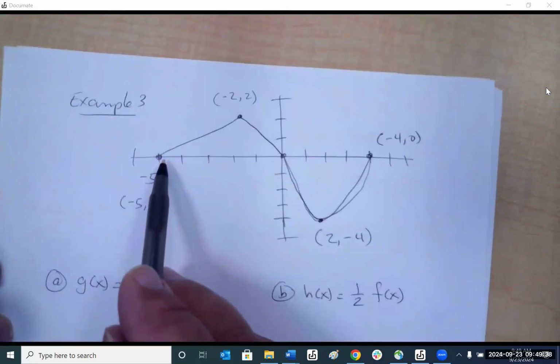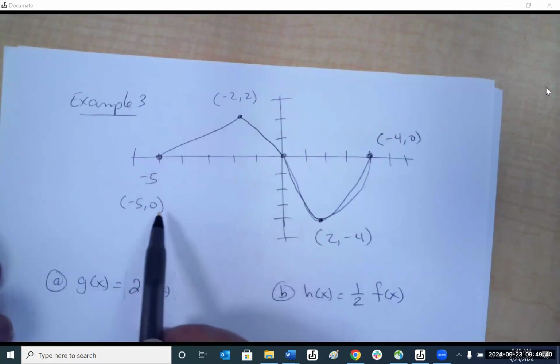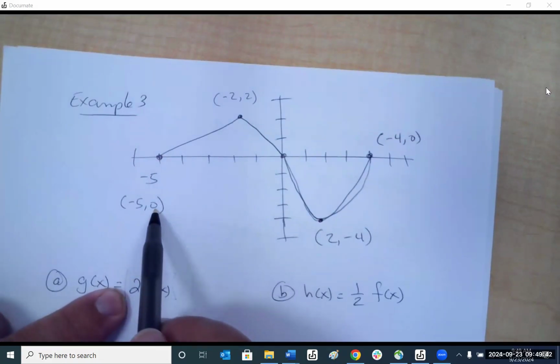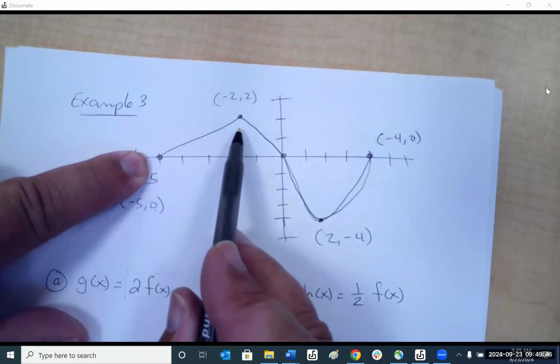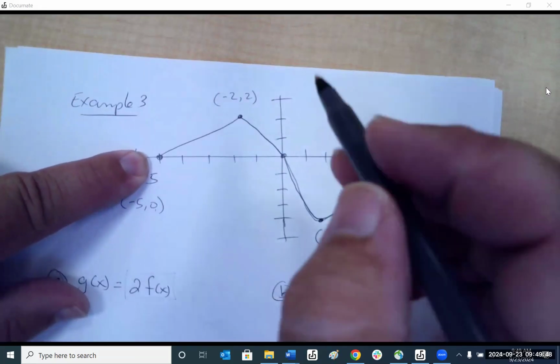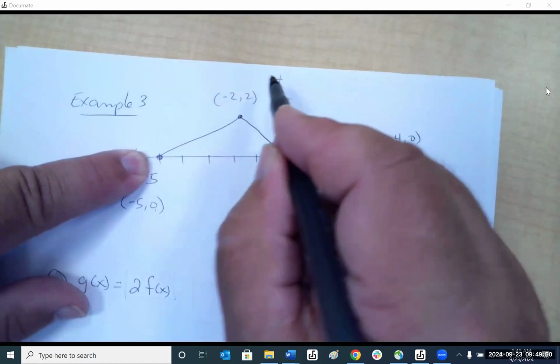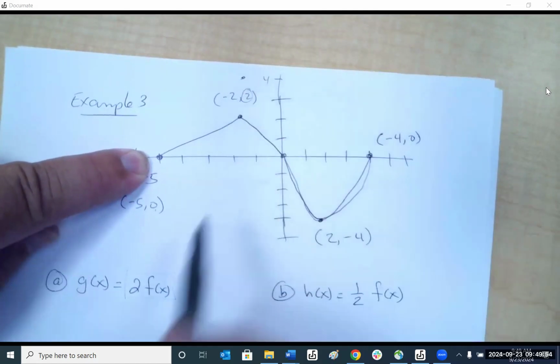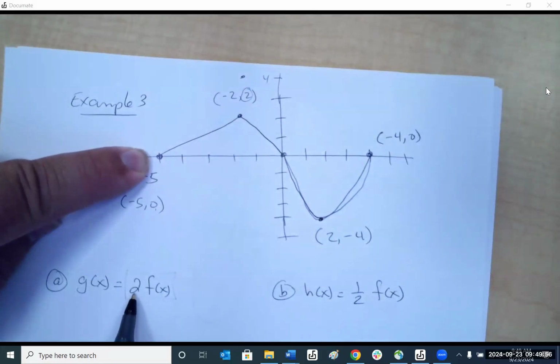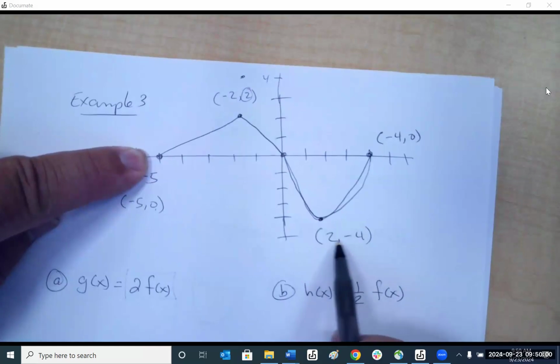So is this first point going to change? 0 times 2 is 0, so that's not going to go anywhere. What's going to happen to this point? It's going to go up to 4 because I multiply the y value by 2. What's going to happen to this point?